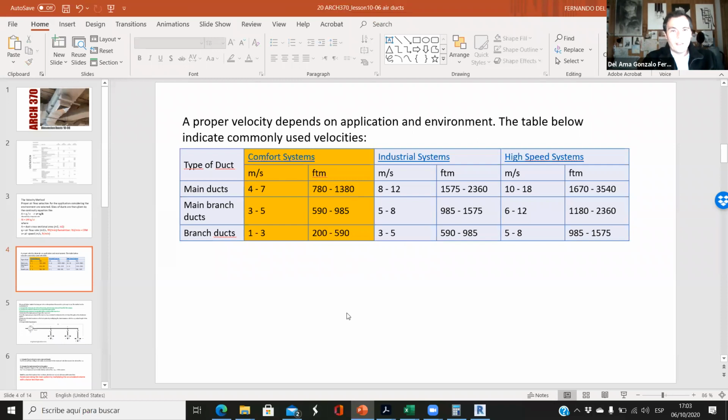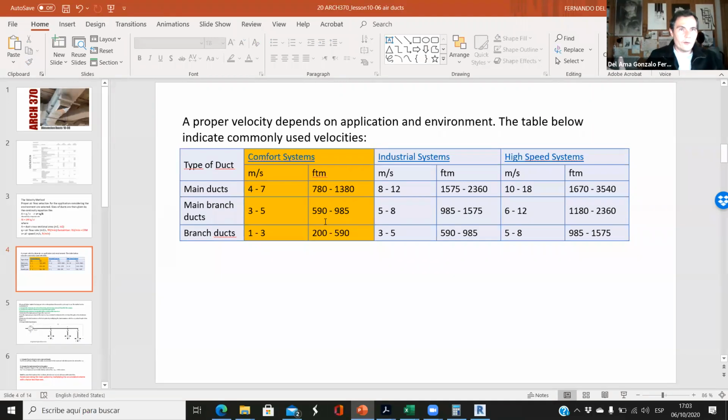Okay? Those are recommendations. Sometimes it depends, because the higher the velocity, the smaller the duct. And sometimes we have space constraints.